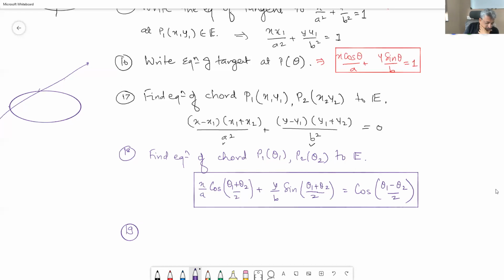19. Find the point of intersection of tangents at P1 theta 1, P2 theta 2.